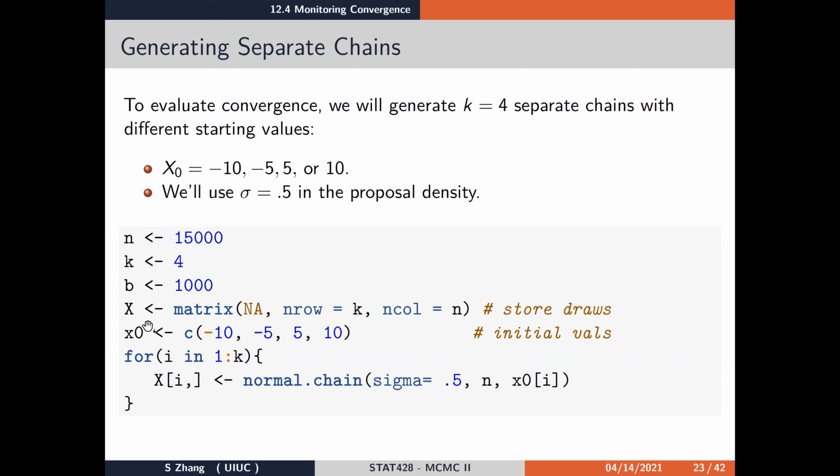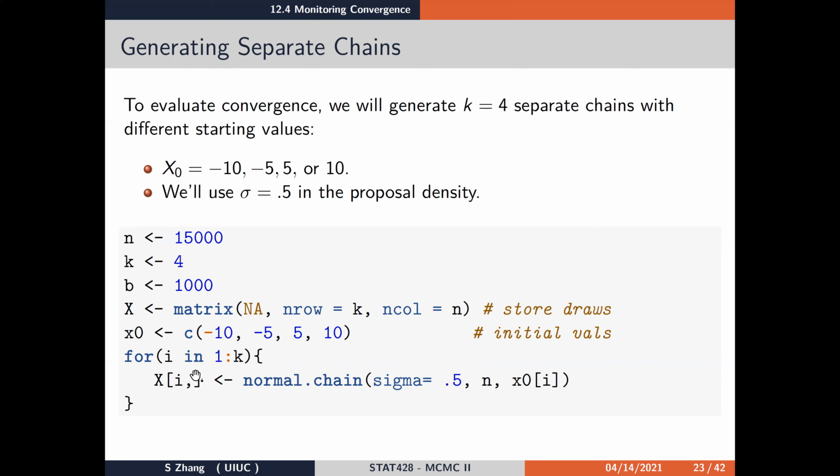We'll create a matrix X with k rows and n columns to store all of the draws, and x0 are the initial values for each of the independent chains. In the ith chain, we will set the ith row of the X matrix to be the output of normal_chain, where we implement the MH sampler with proposal standard deviation 0.5, chain length 15,000, and initial value given by the ith entry of the x0 vector.